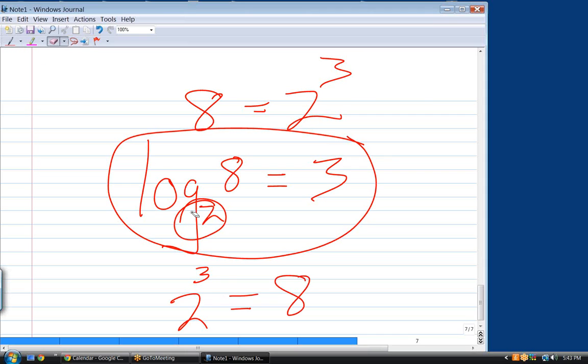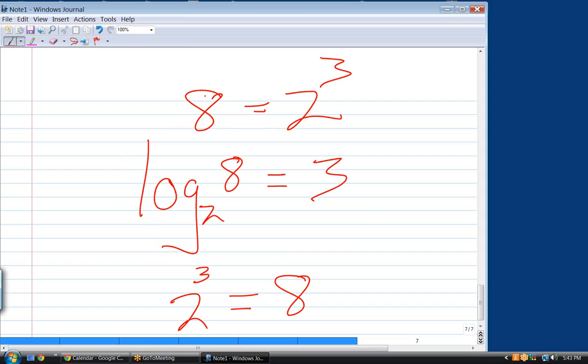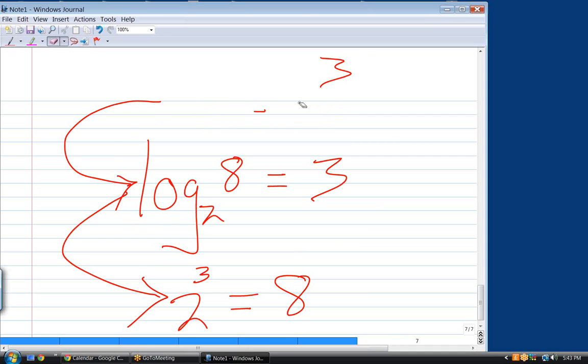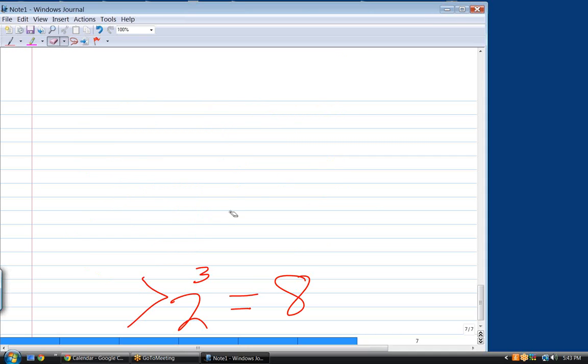So you need to be able to do this process. You need to be able to always go from this to that, or from that to that. That's the most fundamental skill you can have with logs, is to be able to go back and forth between the two.